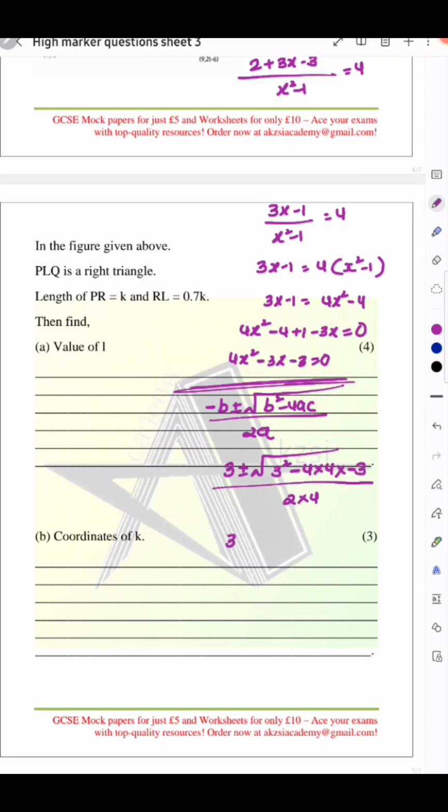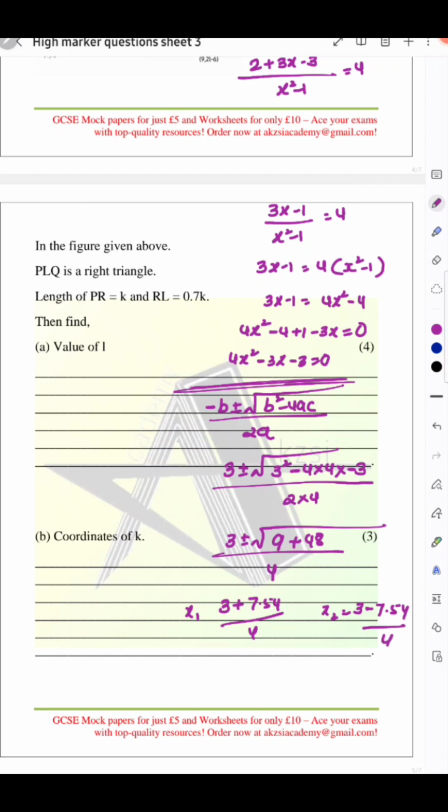So 3 plus minus root of 9 plus 16 times 3 is 48 over 4. And now 48 plus 9 is 57, and on taking the root of 57, this will give me 7.54. So 3 plus 7.54 over 4, that will be x1, and x2 will be 3 minus 7.54 over 4.